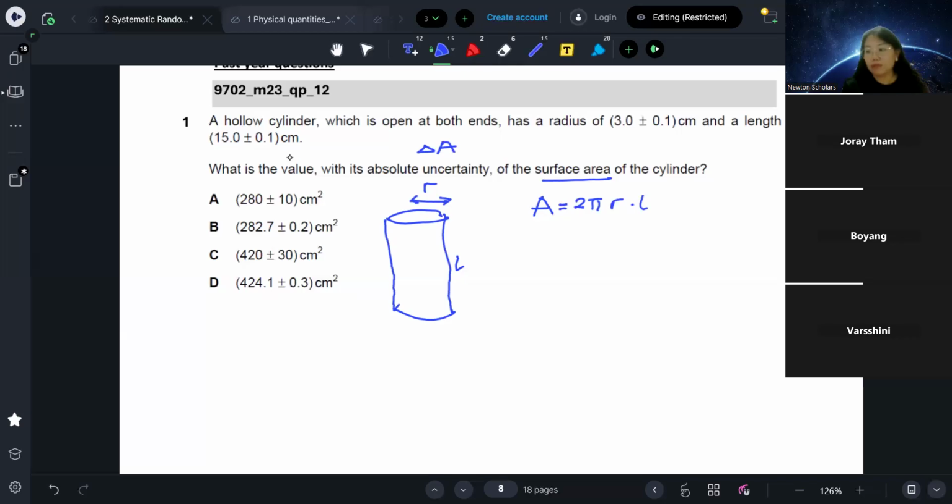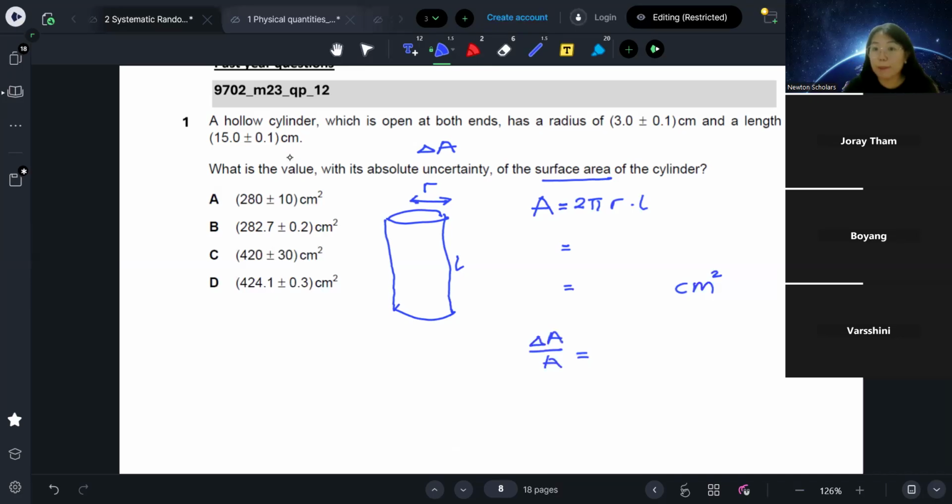Okay, boys and girls, first I want you to do calculation. What is the actual reading for A? So you do some substitution for the actual reading. Find out how many cm squared. Next, I want you to find the fraction. Remember, this is times, so your fraction, you should add it up together.